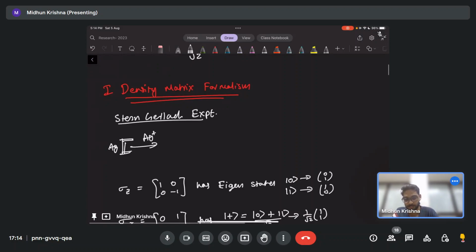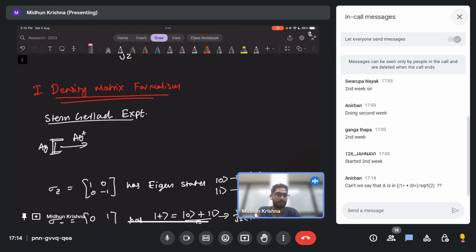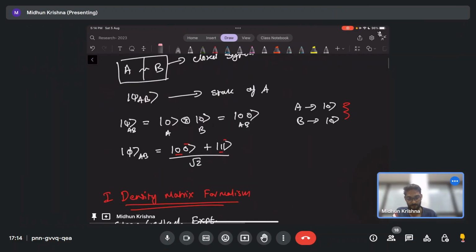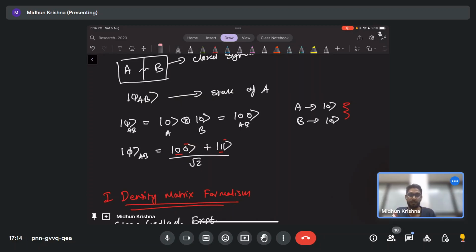The orbitals, if I look at, yeah, can we say A is, no, we cannot. I'll maybe discuss that in the next lecture because the open system perspective of looking at this is also important.